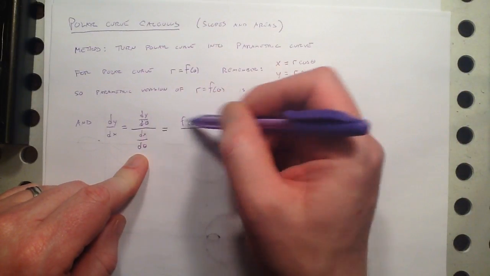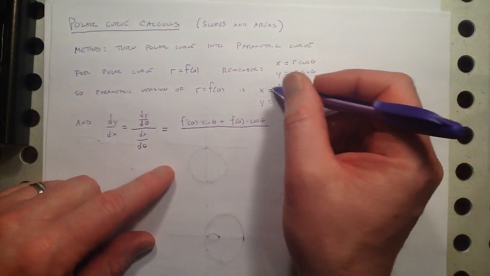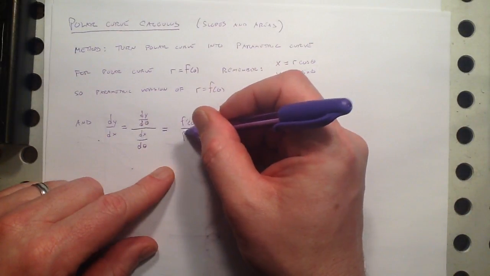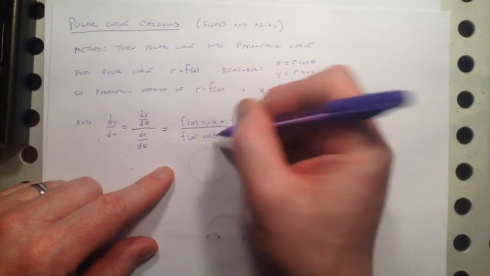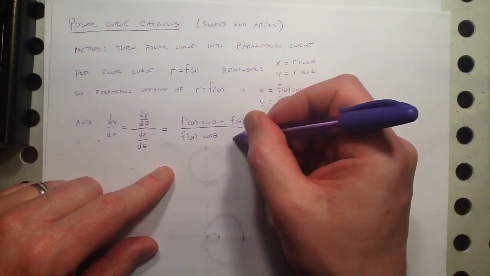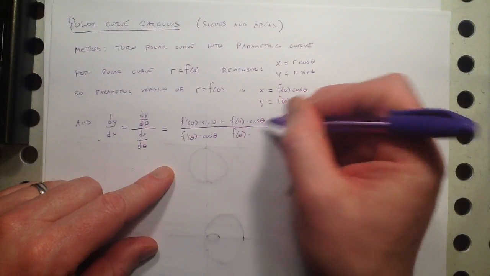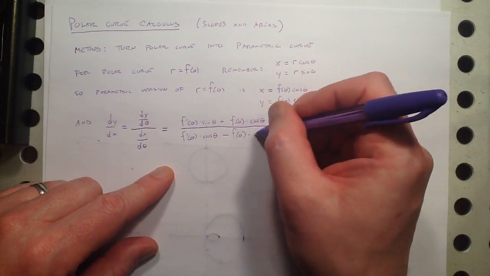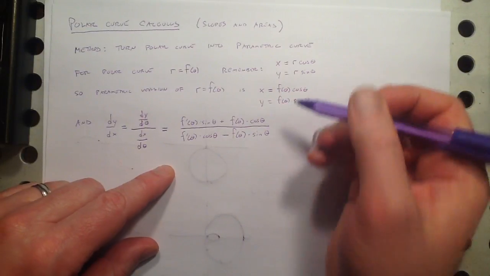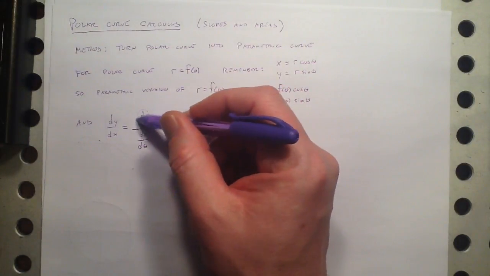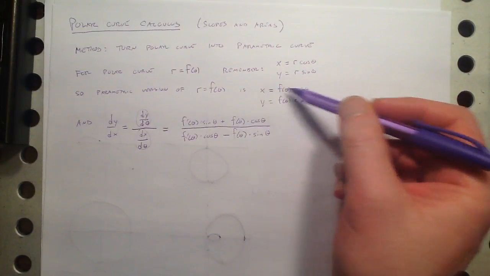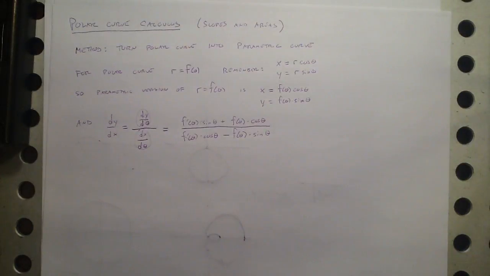I'm just doing what's dy d theta, what's dx d theta. It's the derivative of the first times the second, and then the first times the derivative of cosine, which is negative sine theta. So that's how you find the slope of a polar curve, and that's just a nasty looking formula that I highly discourage you from memorizing, because what you really want to memorize is that this is what we're doing once you have your x equals and y equals.